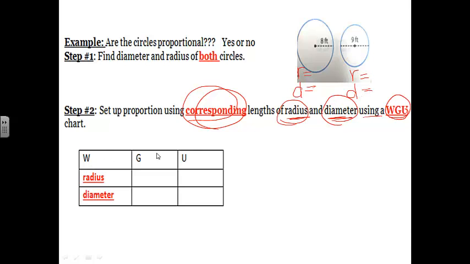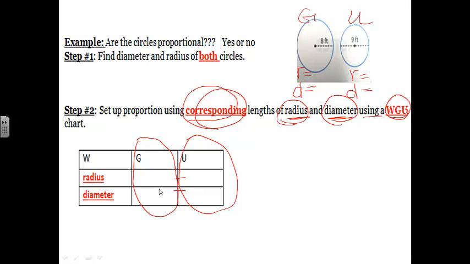Down here, we have to determine which circle is which. We don't really have an unknown here, so let's make this our G and this our U. You could make this your G and this your U, because it doesn't matter, since we're just proving we have all the information.